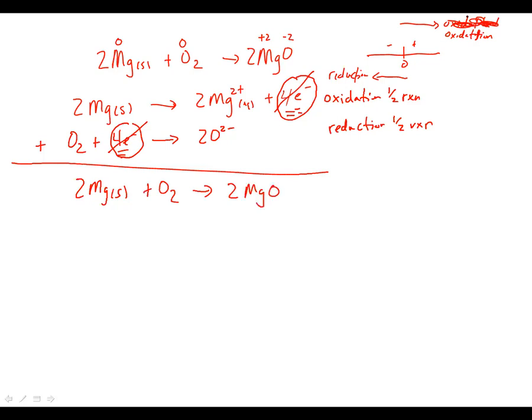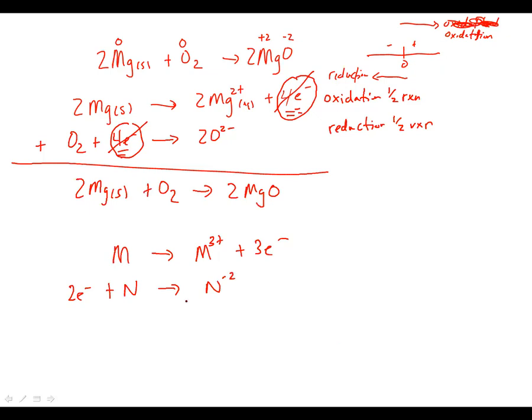Now, if you had simple half reactions that didn't necessarily balance out, for example, let's just say you had M going to M3+ plus 3 electrons, and you had 2 electrons plus N gives you N with a minus 2 charge.